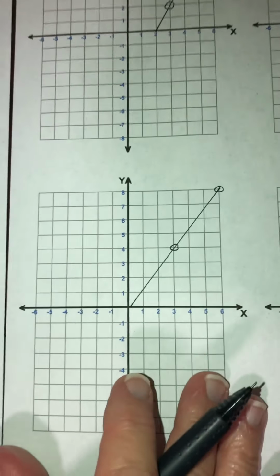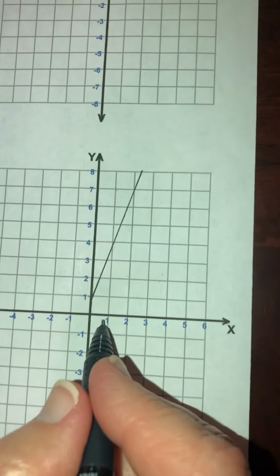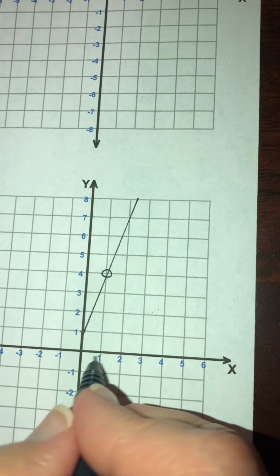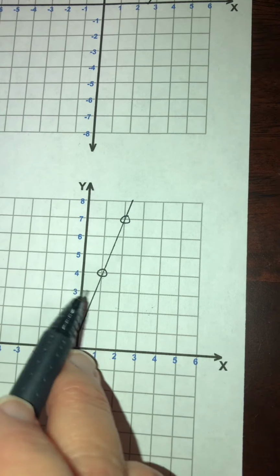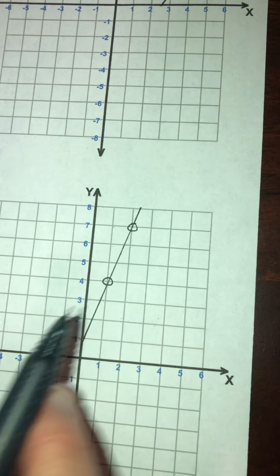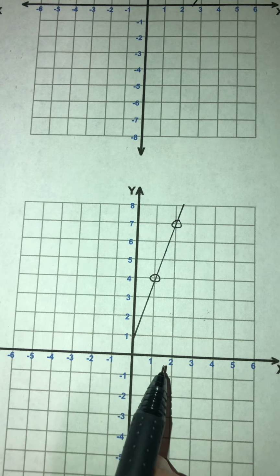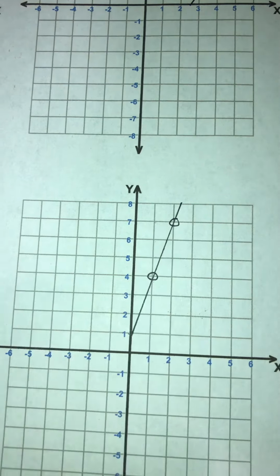And then the last one, I'm going to pick 2 ordered pairs. I'm going to pick 1, 4, and 2, up to 7. Remember, it's where they cross over. You have to be specific where they cross over. So it's 1, 4, and 2, 7.